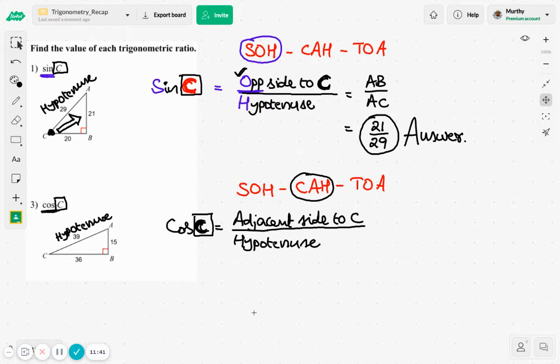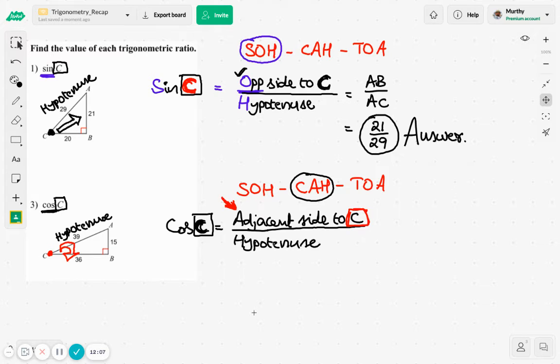Now, keeping the question in view, the adjacent side is in the numerator. So adjacent side means adjacent side to C. Let me identify where C is. Adjacent side means the side next to the angle.